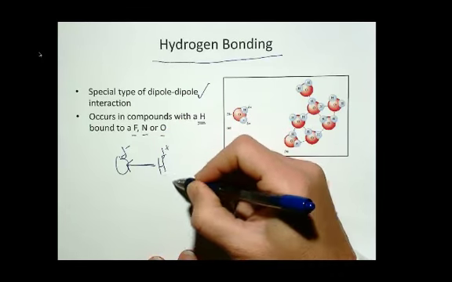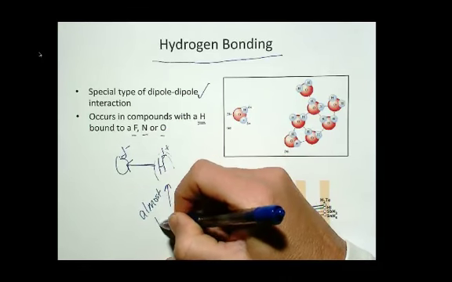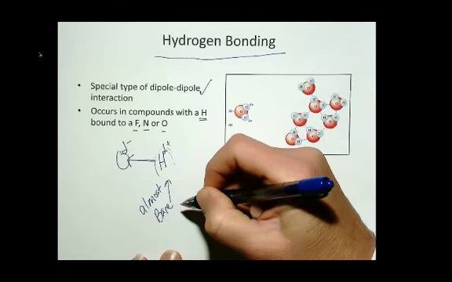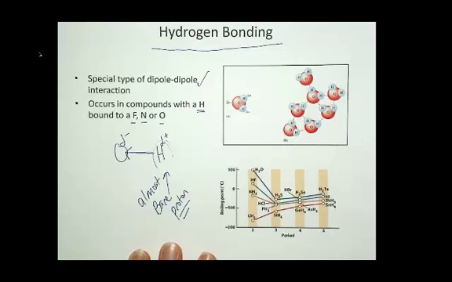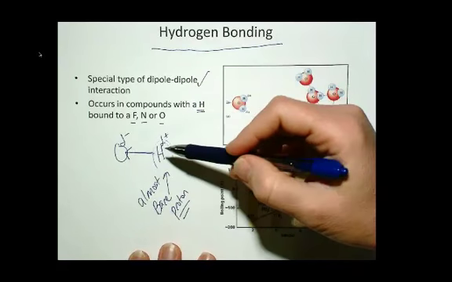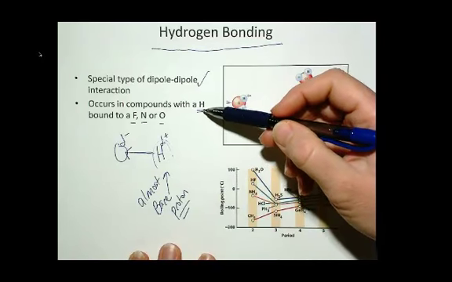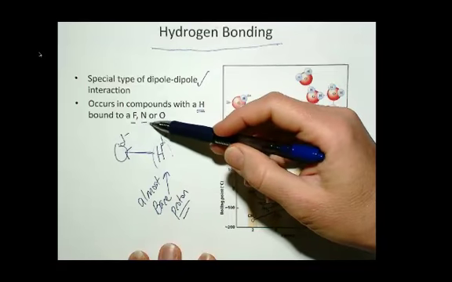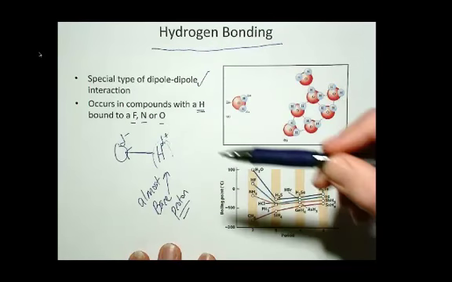What it does is it leaves this hydrogen almost like a bare proton, almost like a full positive charge, because hydrogen itself only has one electron. And that's why we end up with an extreme polar situation when we have a hydrogen bound to an extremely electronegative atom, oxygen, nitrogen, or fluorine, the three most electronegative atoms.